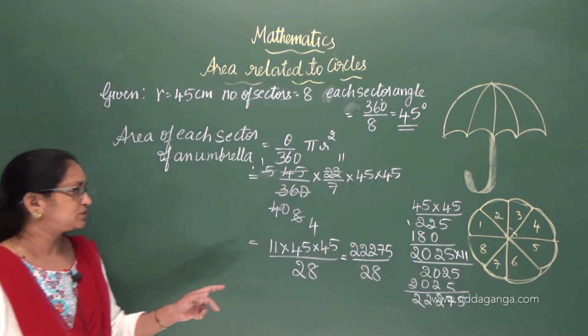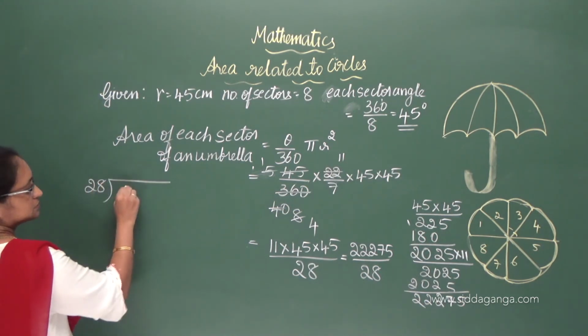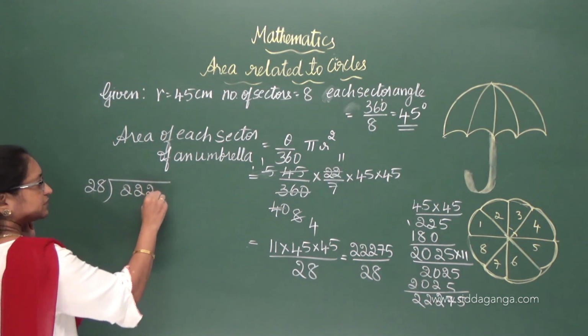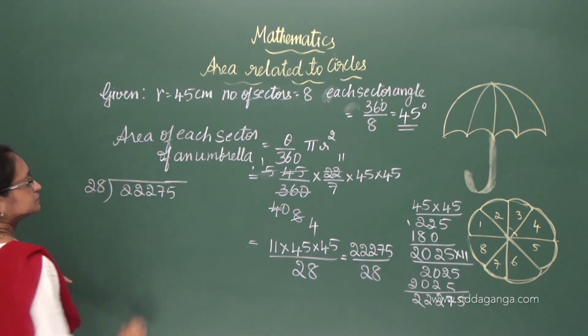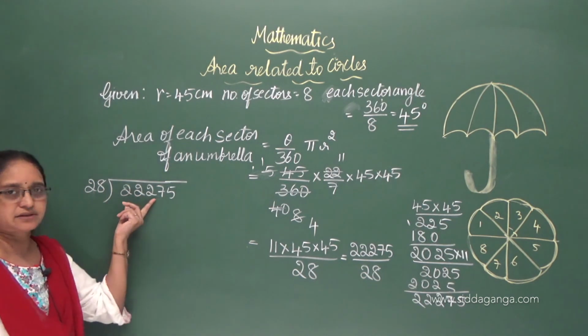Okay. So now we shall see how to divide this. 22275 divided by 28. Here 2 digits we can't take, we shall take 3 digits.